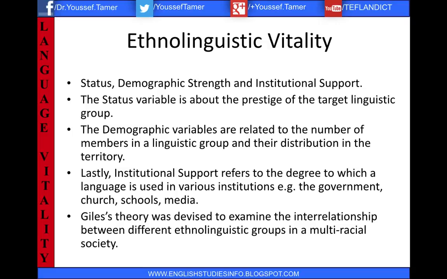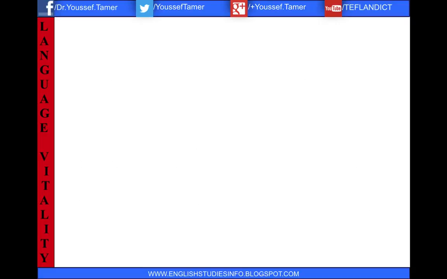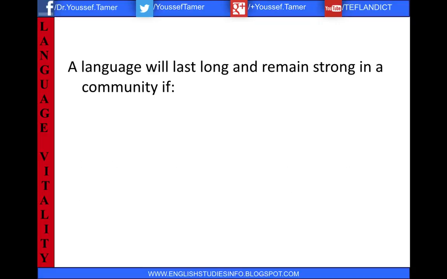If they belong to a group of people that comes from a high social status, that's another sign of the vitality of the language. And finally, if the language has some institutional support, it is also a sign of the ethnolinguistic vitality of the language.